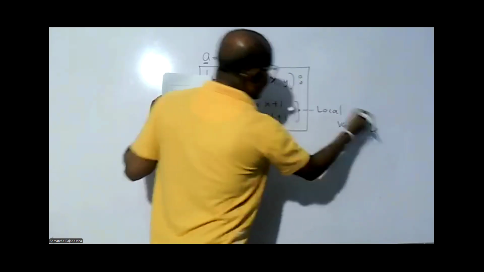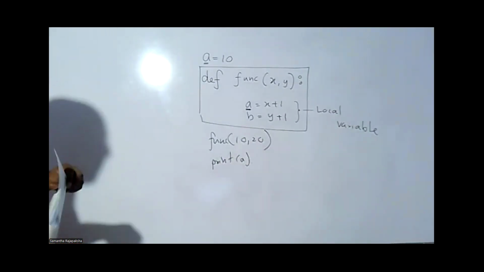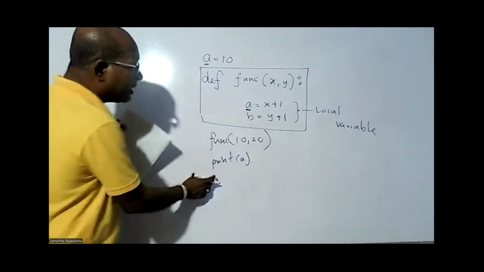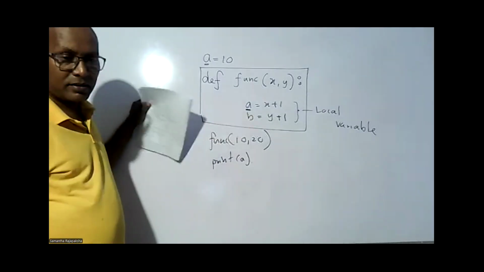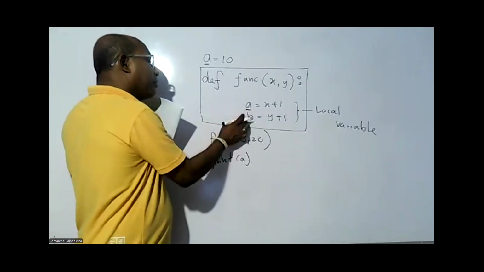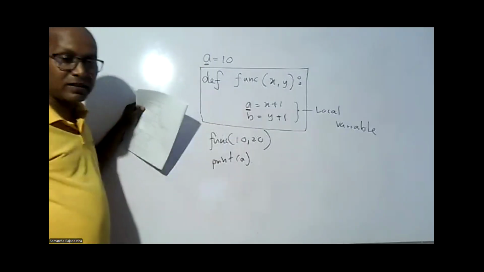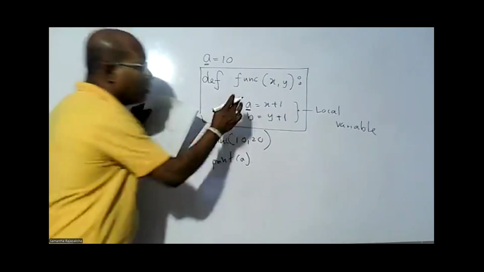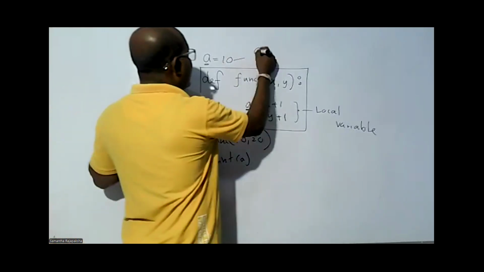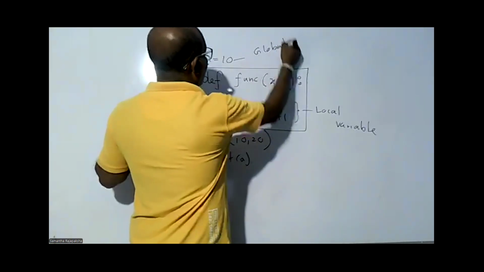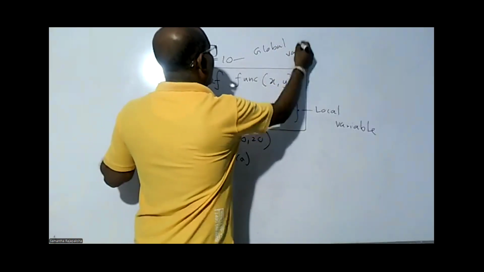They are not visible outside the function. If you rather print B, you get an error, because this A and that A are totally two different things, not the same. This one is a local variable, but this one is a global variable, which is visible everywhere.